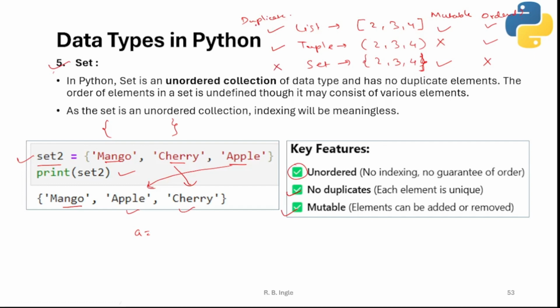So here we can see all the properties are shown here. About which can be changed: list and set can be changed, tuple cannot be changed. Out of these three, set is not ordered, and duplicate elements are not supported in set. So these are a few properties about list, tuple and set.